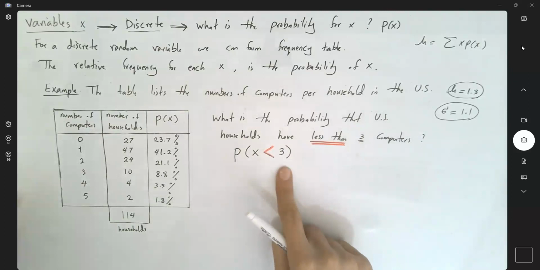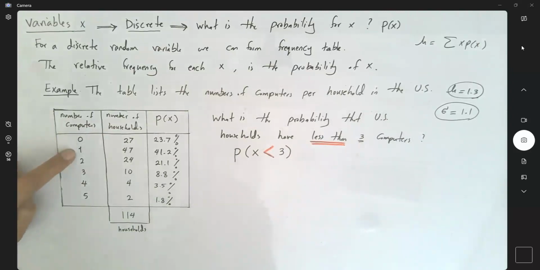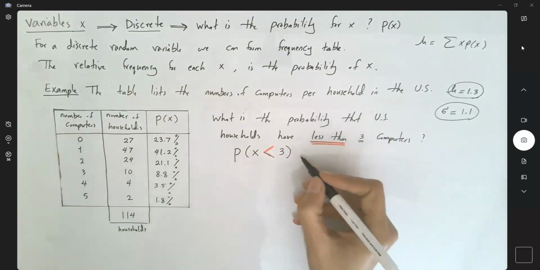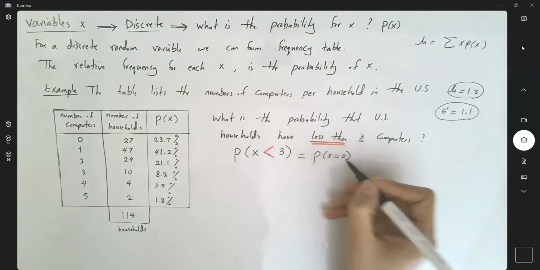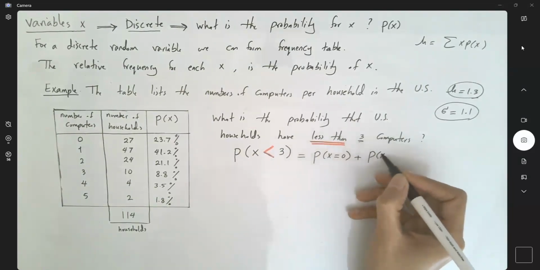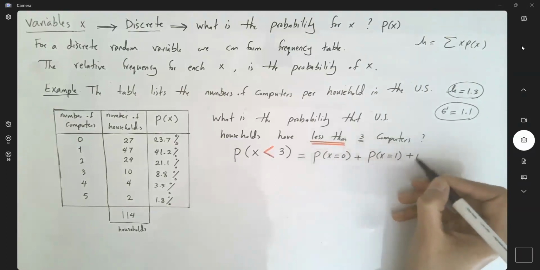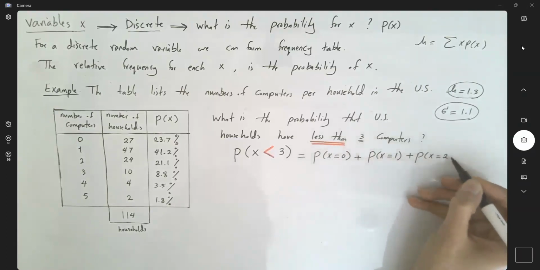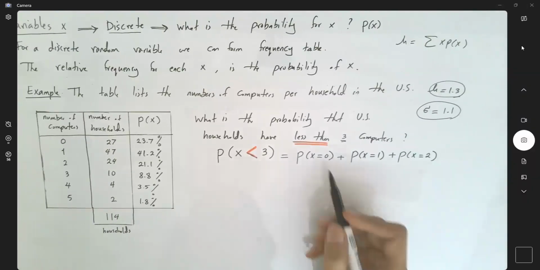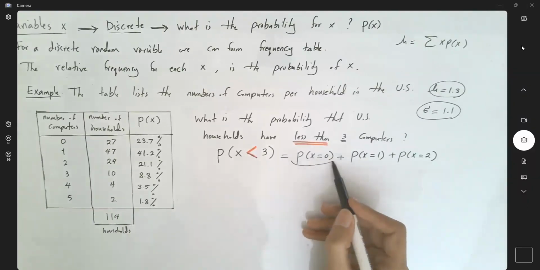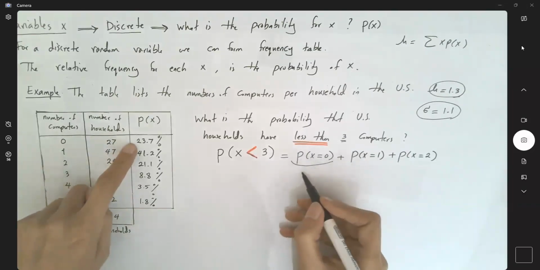The numbers less than 3 are 0, 1, and 2. So you're basically finding the probability that x is 0 plus the probability that x is 1 plus the probability that x is 2.